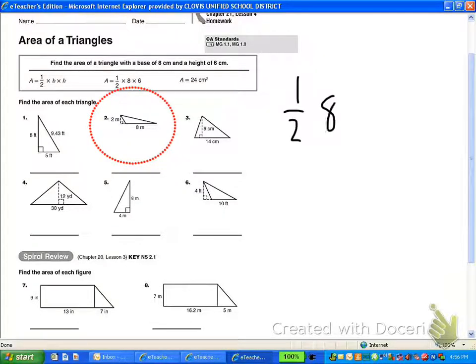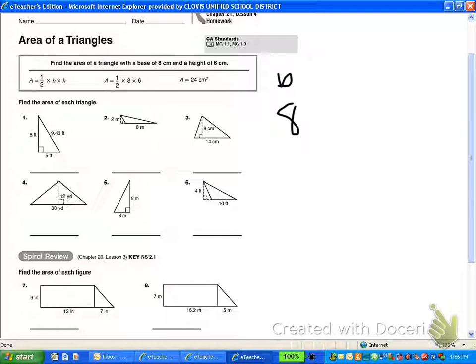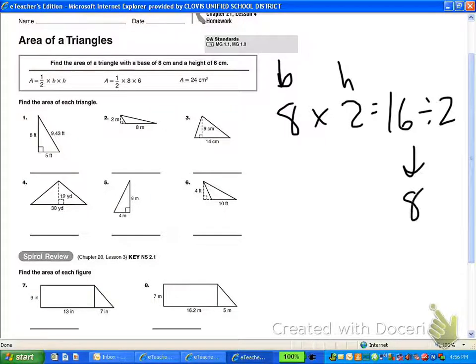So half of 8 times 2. Half of 8 is 4. So 4 times 2 is 8, and that would be your answer. Or you can just go 8, which is the base, times 2, which is the height. You get 16, divide it by 2, and get 8.